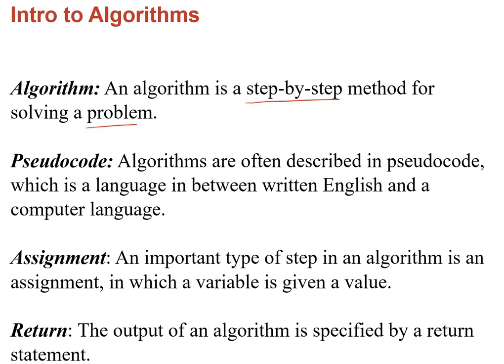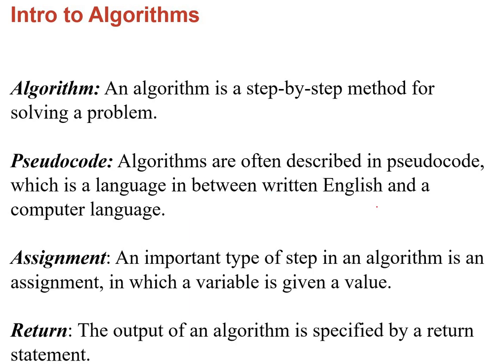So in this chapter we're gonna be using pseudocode, but obviously since we have been using Python extensively, I'm gonna give you the option of writing the codes or the algorithms in Python also. But there is a language called pseudocode, which is basically something in between English and a computer language, right?